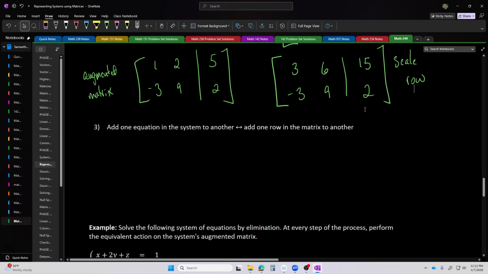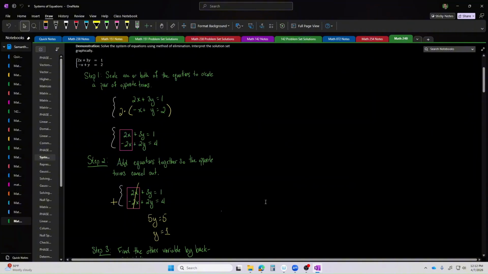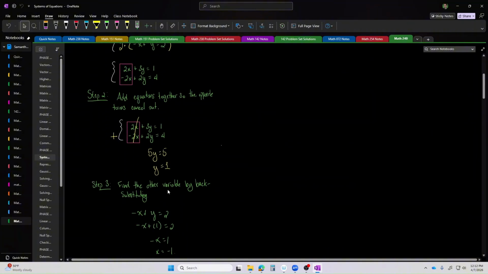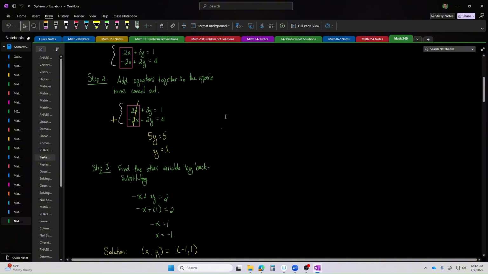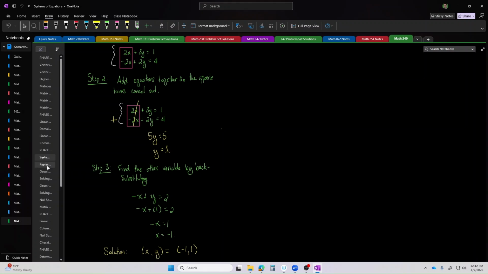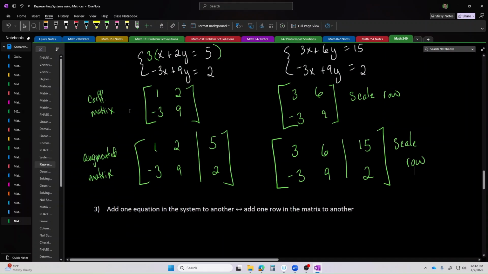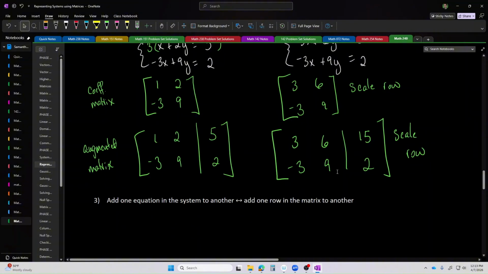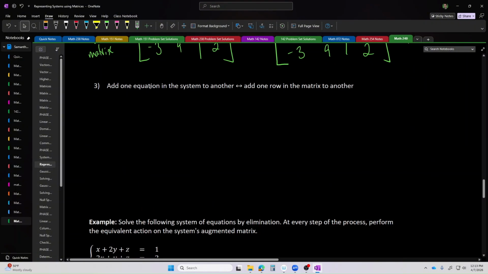The third action that we have taken as we've been solving these systems of equations is to add two of the equations together, to add the first equation into the second equation. So the corresponding action in terms of the matrix that we're using to represent this system is to add one row into another row. And let me show you what I mean by that.